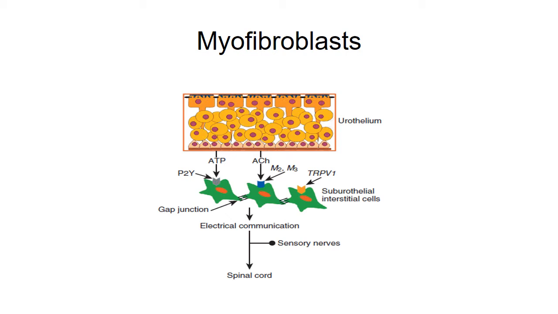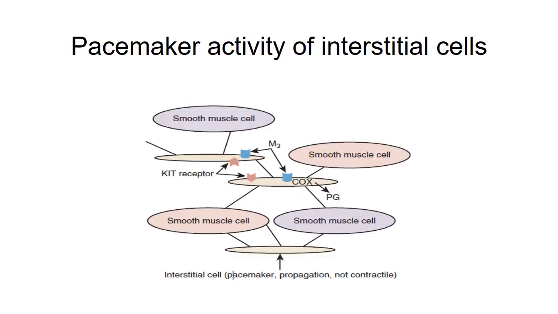Substances released from the basal layer, such as ATP and acetylcholine, will activate the afferents in the suburothelial layer through the intermediation of myofibroblasts, which express purinergic P2Y receptors, muscarinic M2 and M3 receptors, or capsaicin TRPV1 receptors, and they are connected one to one by gap junction proteins. It is proposed that myofibroblasts have a pacemaker role for the contraction of the bladder.